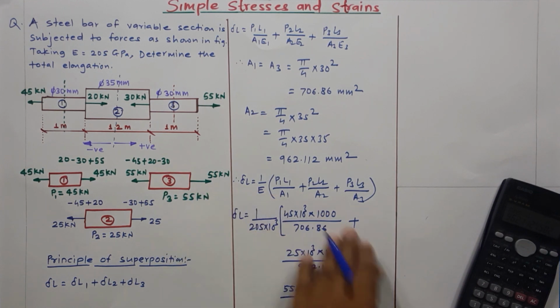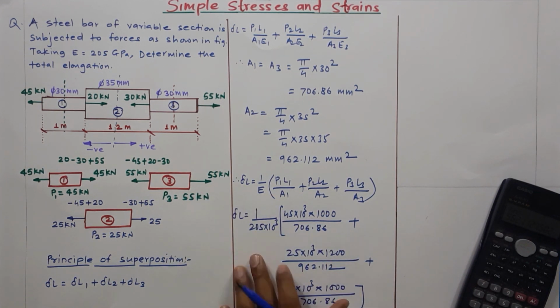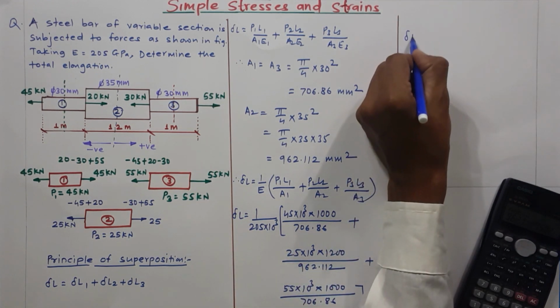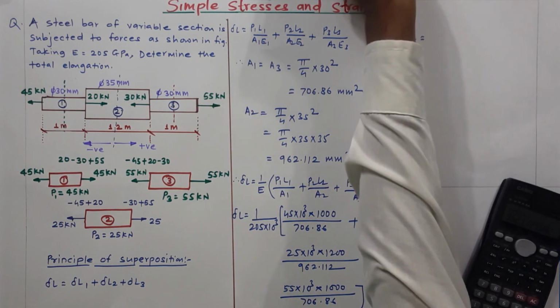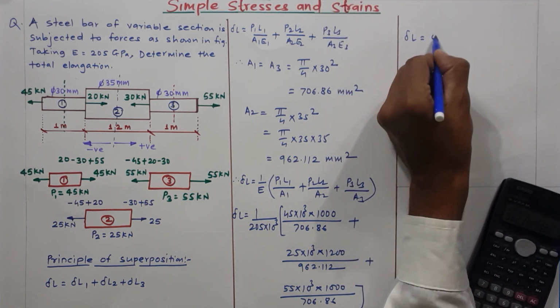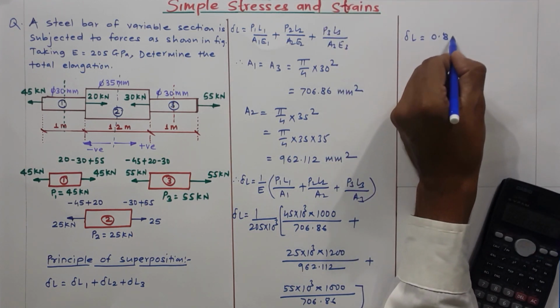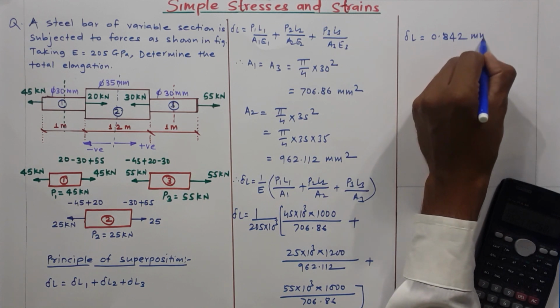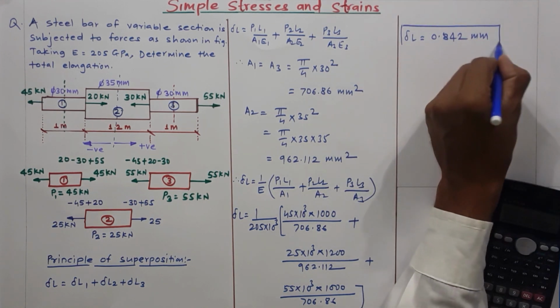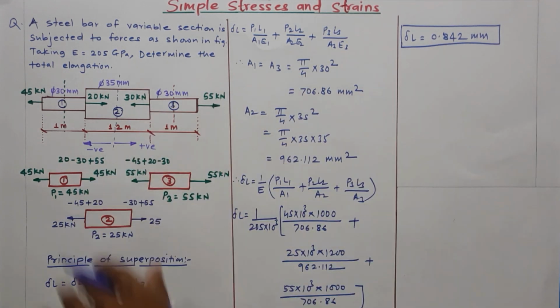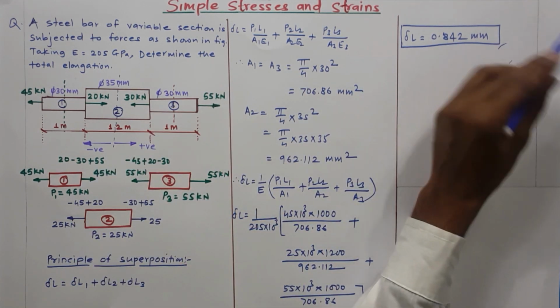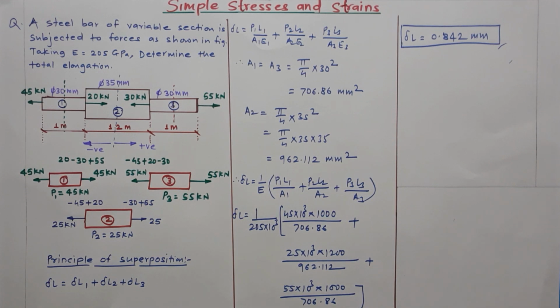By doing that simple calculation we got a total change in length, that is delta L is 0.842 mm. And that total extension produced in steel bar of varying cross section is delta L, that is 0.842 mm. That's it.